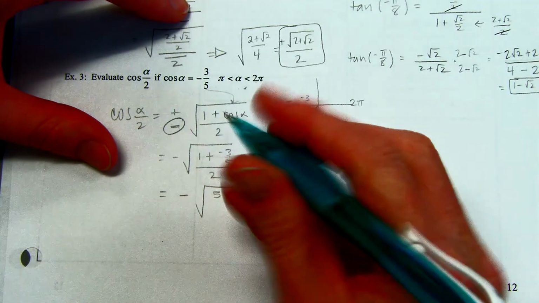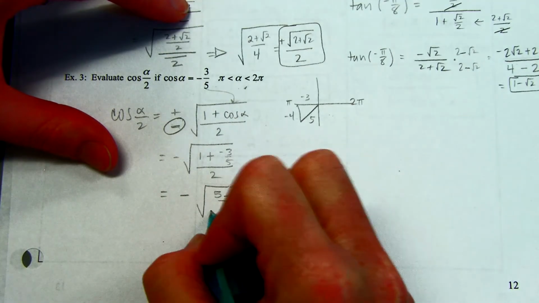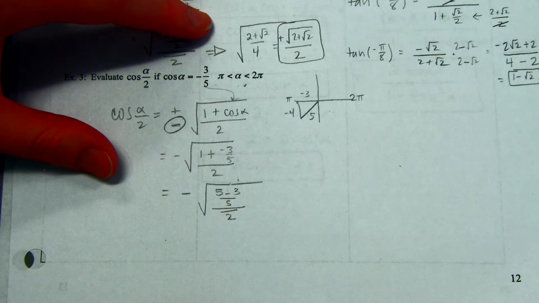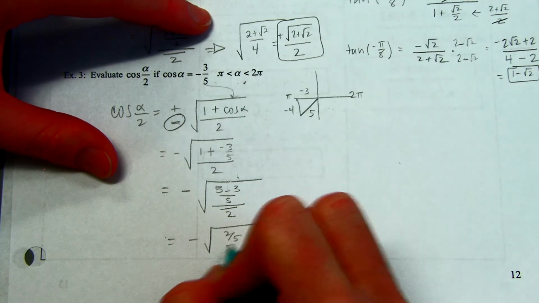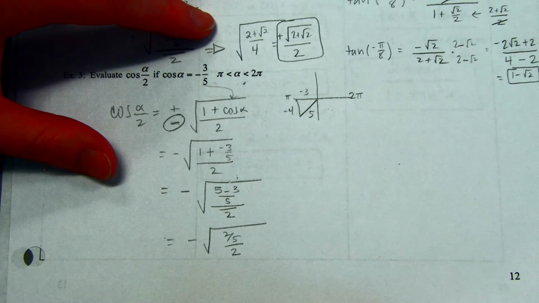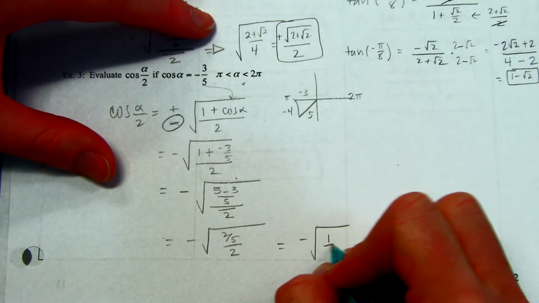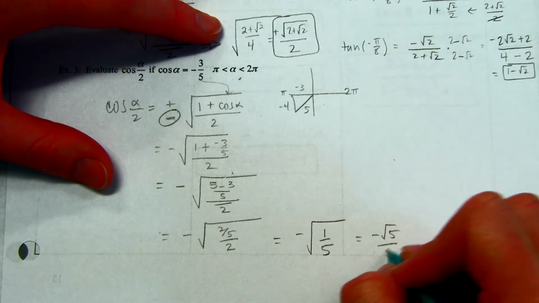So 5 minus 3 all over 5 all over 2. So we get 2/5 over 2, which turns into 1/5, or negative root 5 over 5.